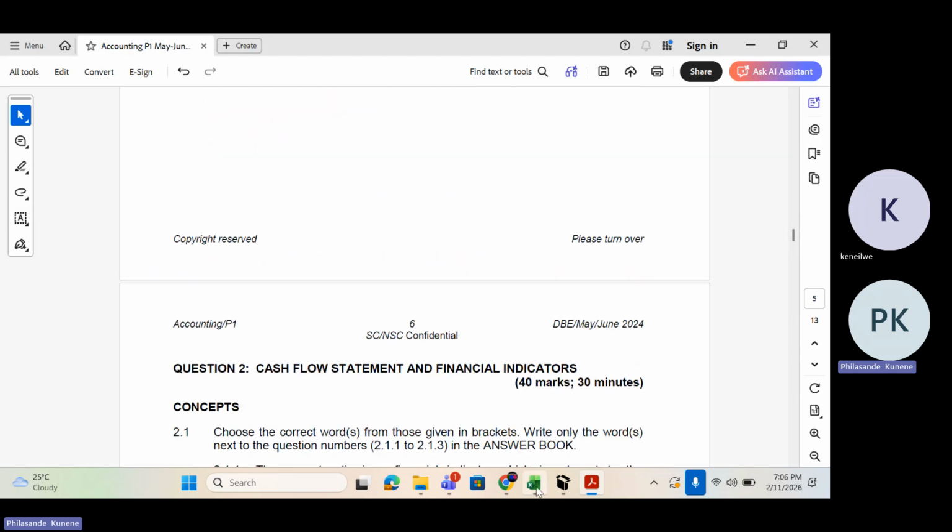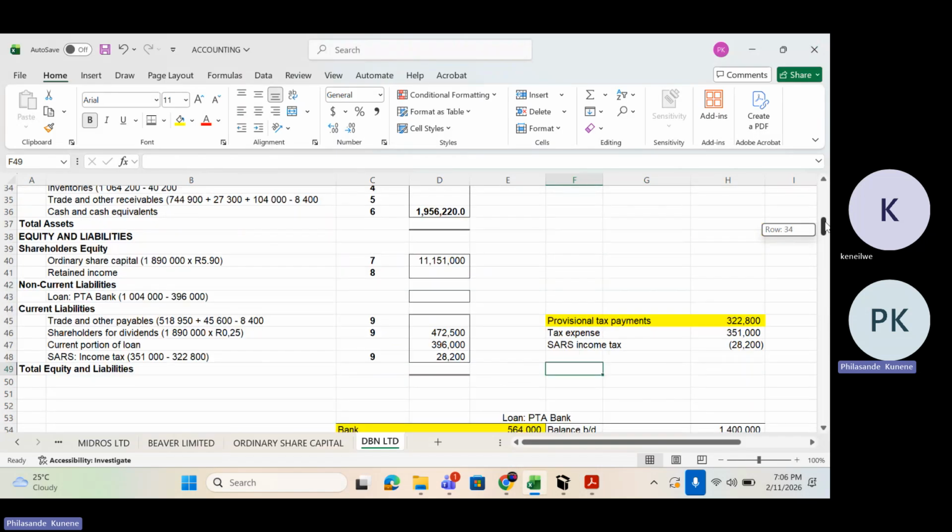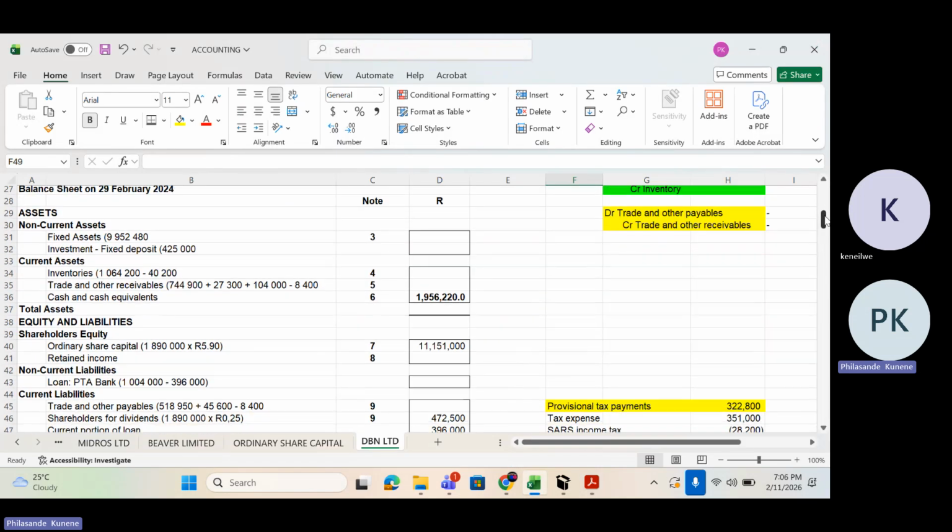So the only thing that we need to do now is close off our balance sheet. So I'm going to transport all the amounts to where they're supposed to be. So this side is going to be 425,000, and then the total here is going to be obviously these two amounts.